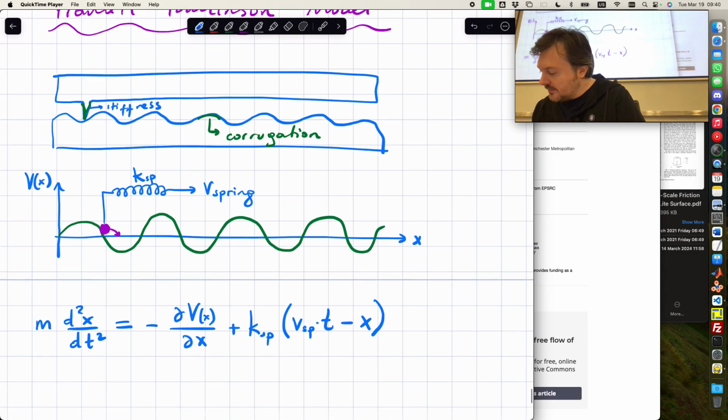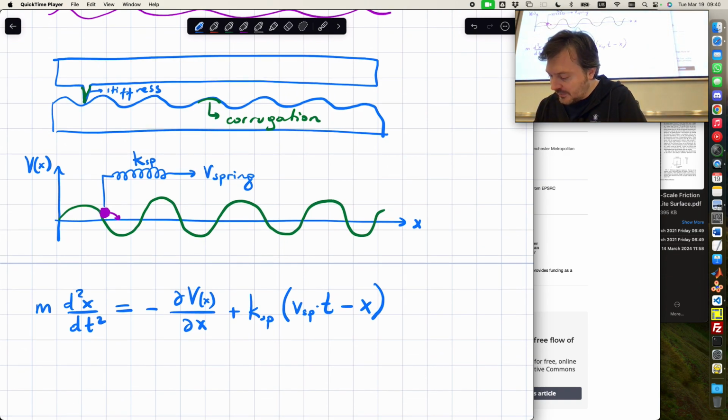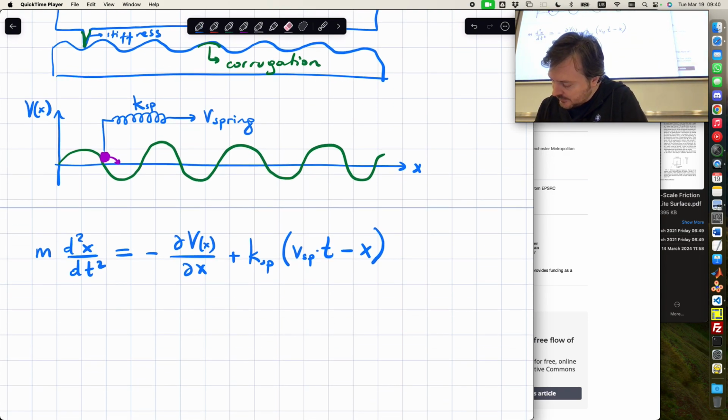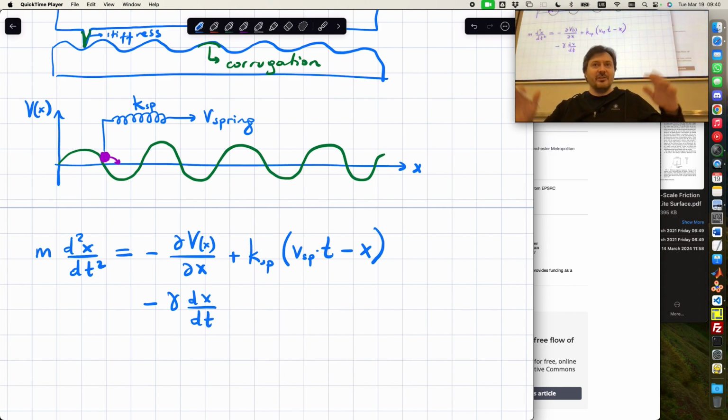Then we can add our usual suspects. Let me add it here. I have the dissipation. This is microscopic friction. This is the friction that we have already analyzed. But there will be more.